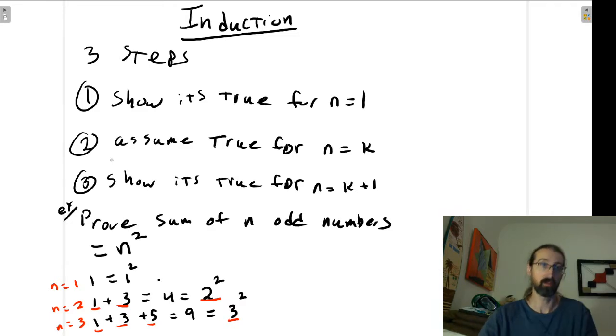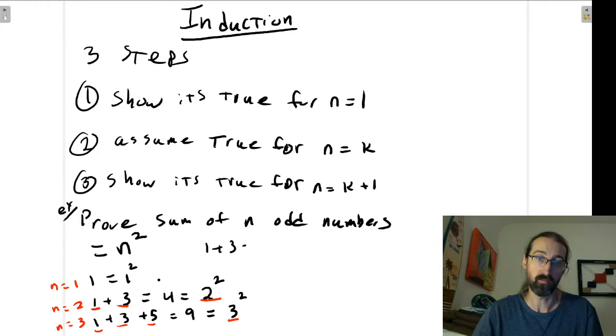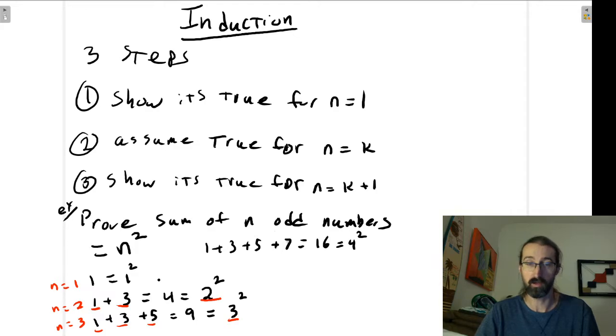If I keep going, I can do the next one: 1 plus 3 plus 5 plus 7. 1 plus 3 is 4, plus 5 is 9, plus 7 is 16, which is 4 squared. 4 odd numbers makes 4 squared. And so it would seem that if I add up some number of odd numbers, I'm going to get n squared. But let me show you how we do this in a proof.